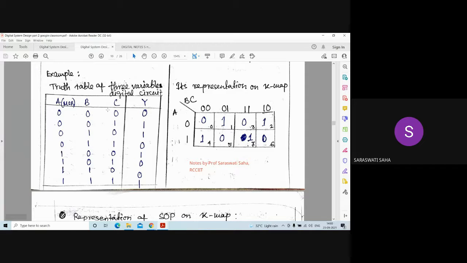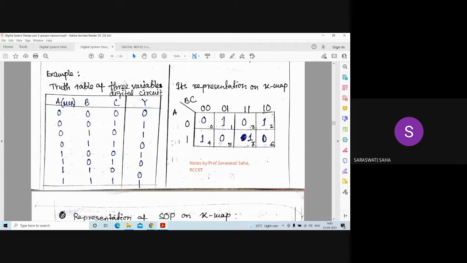This is 3 bit, so it starts from 0 0 0 and ends with 1 1 1. This means 0 to 7. So this is M1, M2, here it is M4 and M7. Min-term 1 gets 1, min-term 2 gets 1, min-term 4 gets 1, min-term 7 gets 1.